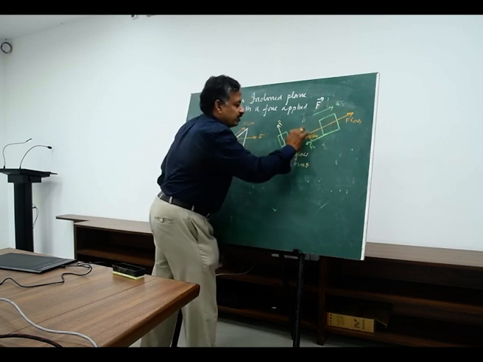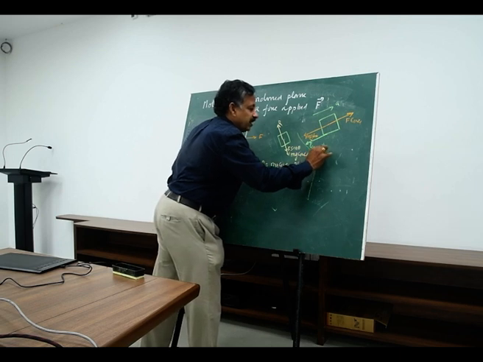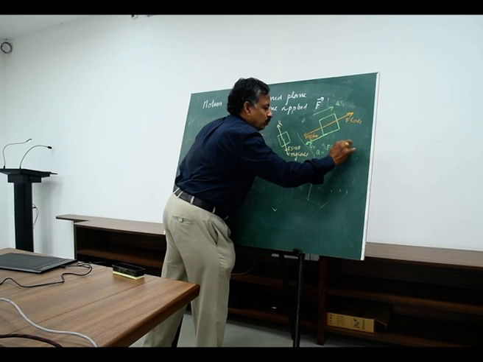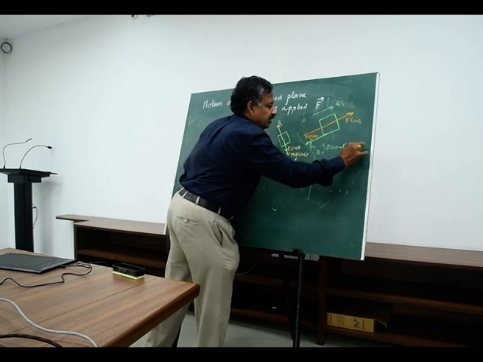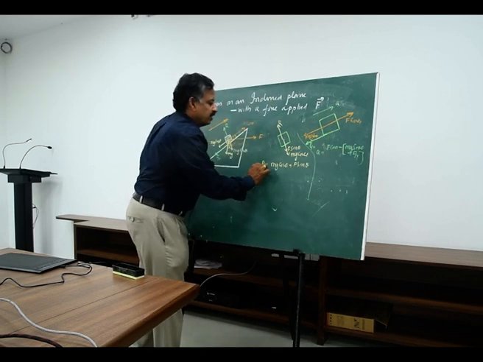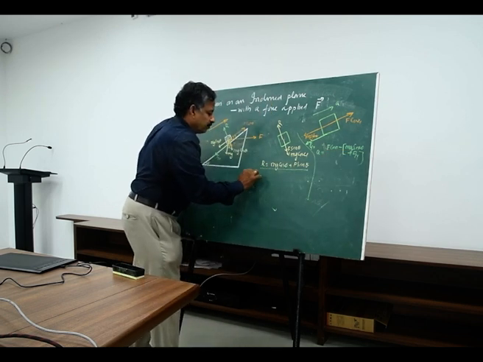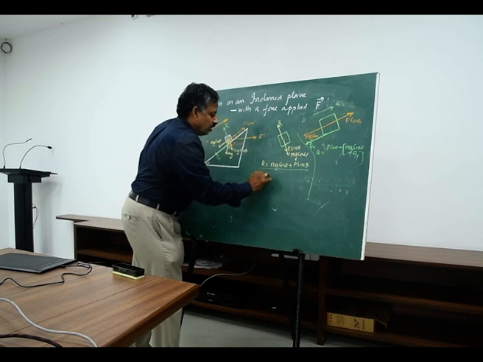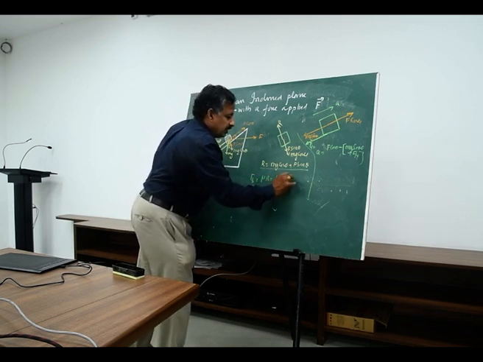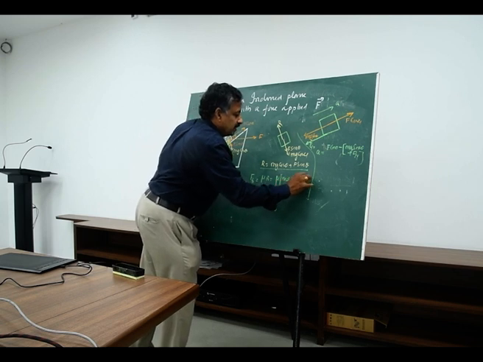So the equation is: ma is equal to F cos theta minus the net downward forces, mg sin theta plus F_fr. And F_fr is equal to mu R, which is equal to mu into (mg cos theta plus F sin theta).